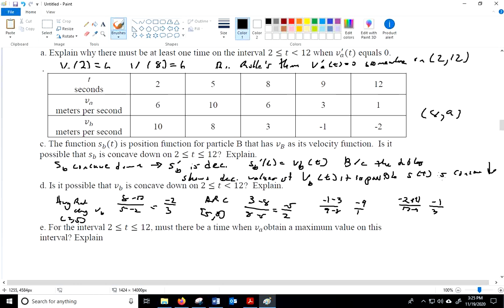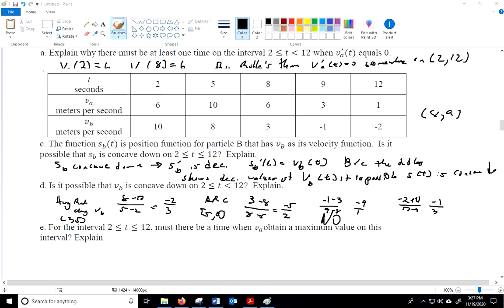And we know somewhere in the interval from 9 to 12, the derivative is only negative a third, which means that it would actually be increasing. So the derivative is increasing somewhere on the interval from 8 to 12. I don't have enough room to write all that down, but that's the idea. So the answer is no. Maybe from 2 to 8, but I can't say it from 2 to 12. I cannot guarantee it. I guarantee it's not.